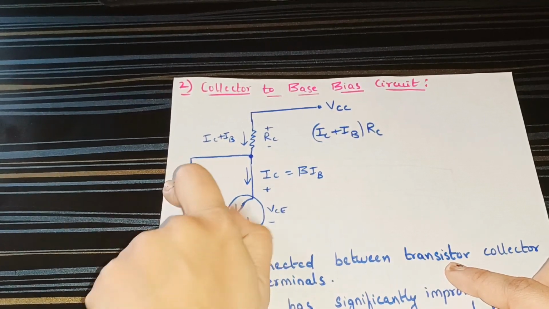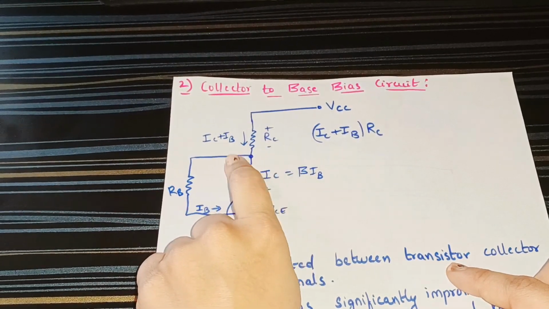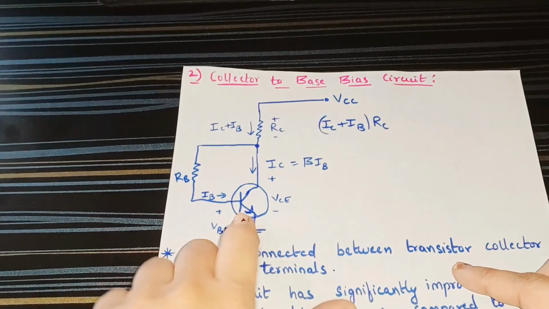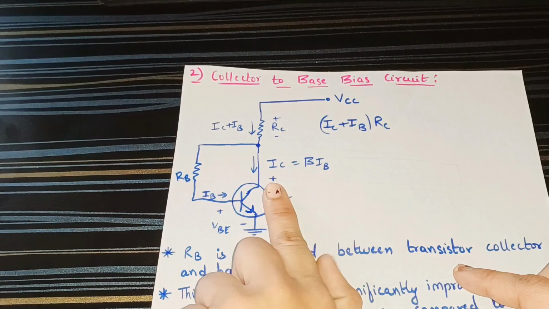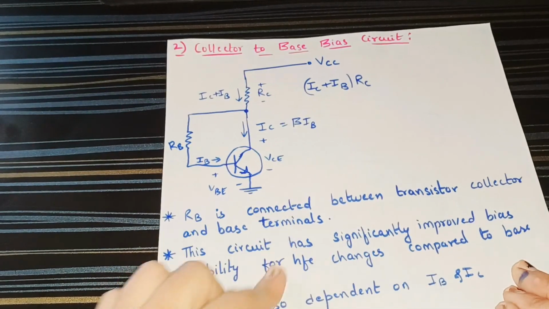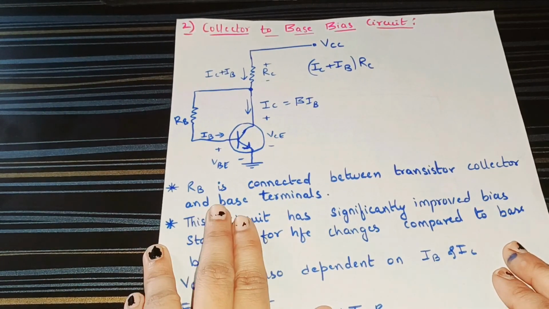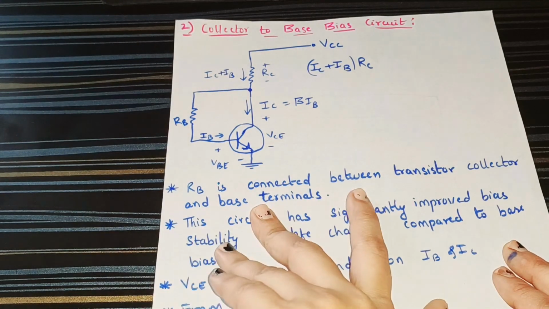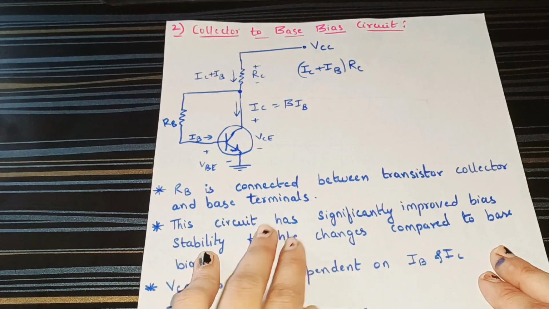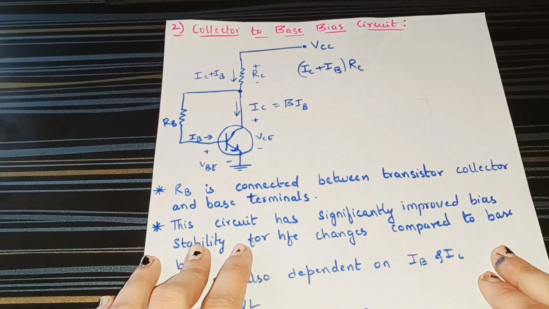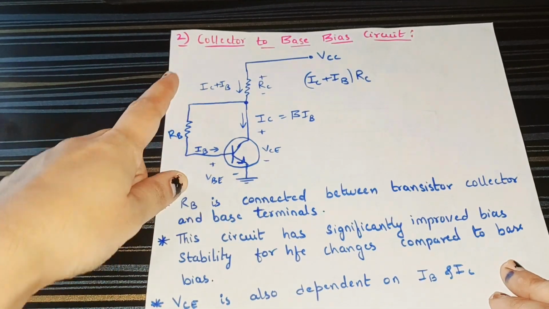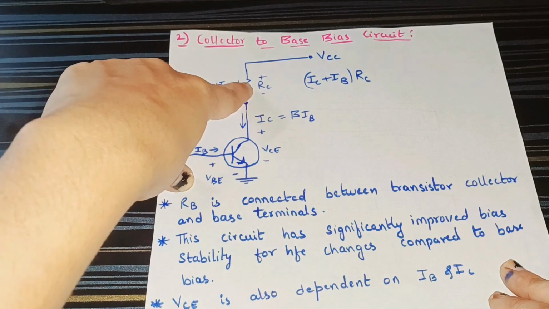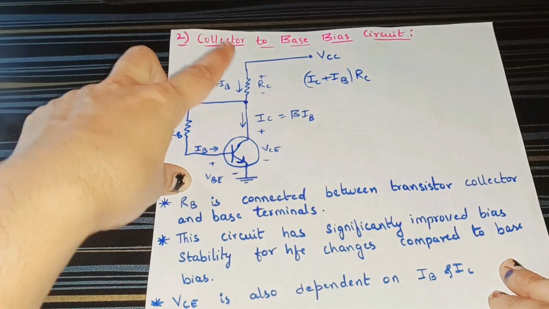This base is not directly connected to VCC, it is interconnected, and we have IC equals beta into IB, which is a constant value. So here the resistor base is connected between the transistor collector and the base terminals. That means this RB is connected between the transistor collector, so this resistor collector, and the base terminals.